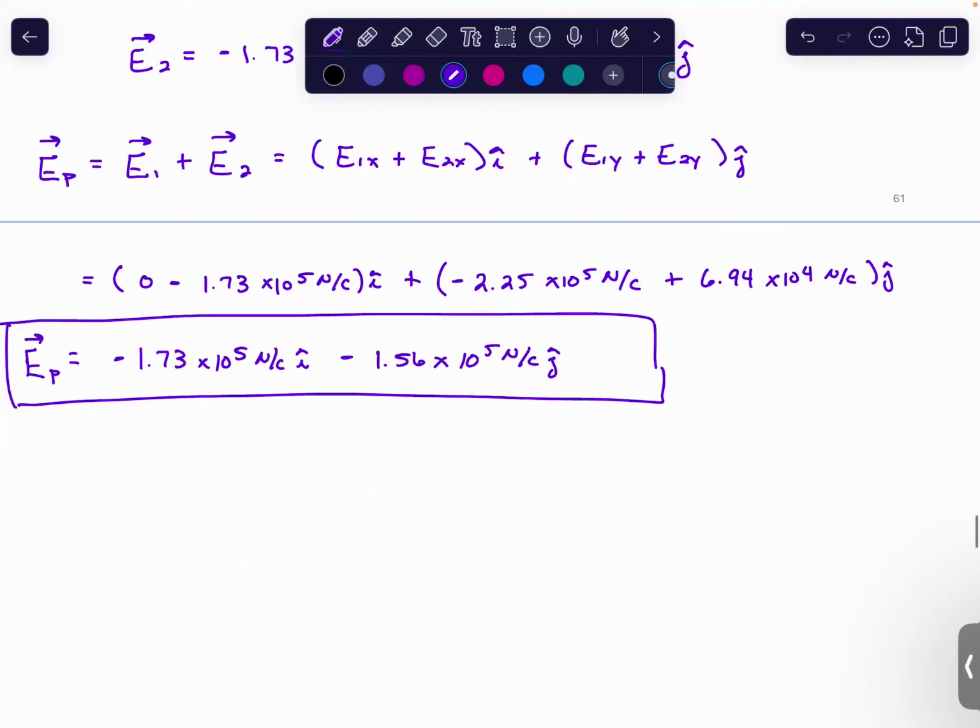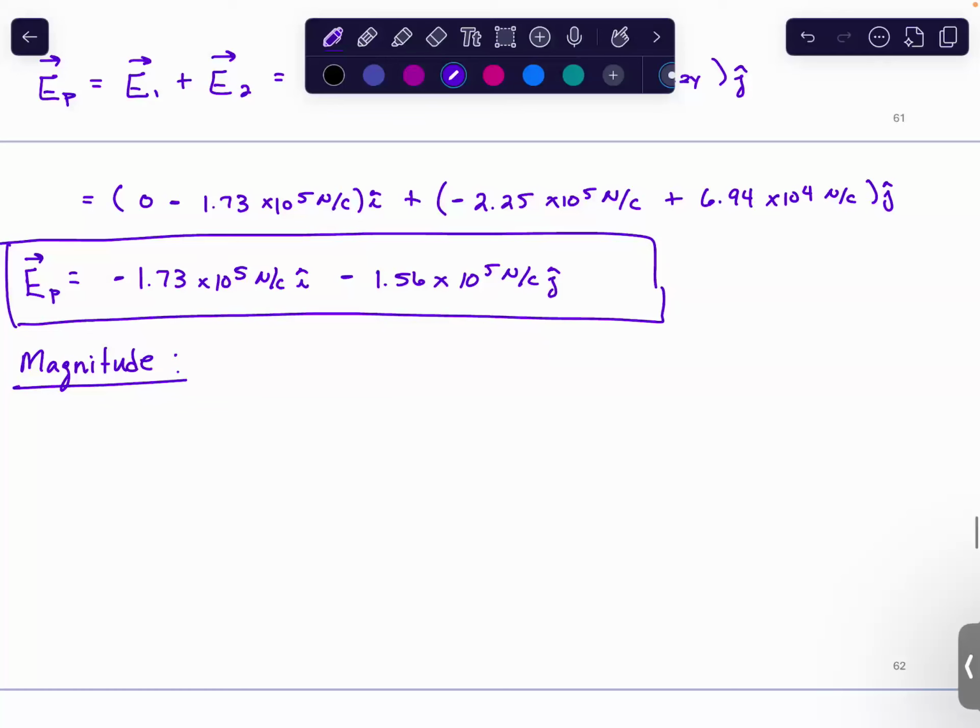Then we had to find the magnitude. So we just used the magnitude equation.